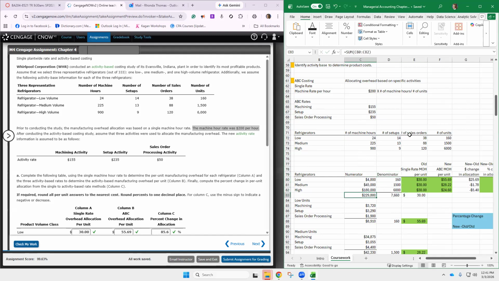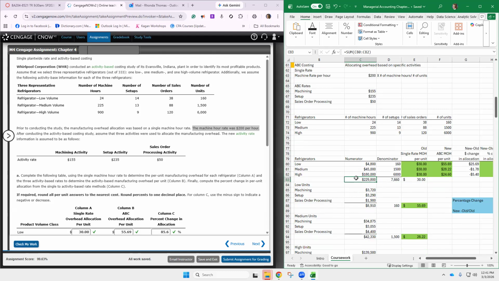Now you could add all these up to 229,800. You say, where'd you get that number? Well, by adding up all of the hours. If you add up all these hours here, you get 1149.